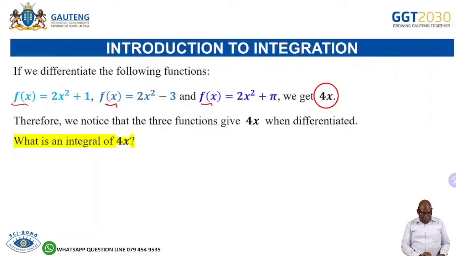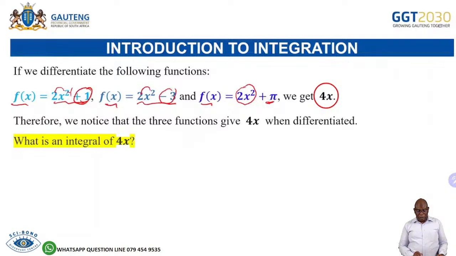If I differentiate this, remember the differentiation of a constant is 0. So this is 2 times 2, it's 4, minus 1 is going to be 4x. The differentiation of a constant 1 will be 0, so it will be 4x plus 0. If I differentiate this, I'll still have 4x, and the differentiation of that constant is 0. If I differentiate this one, it is going to be 4x, and this is a constant. The differentiation of a constant will be equal to 0.